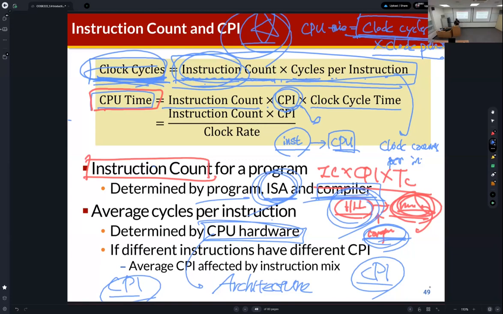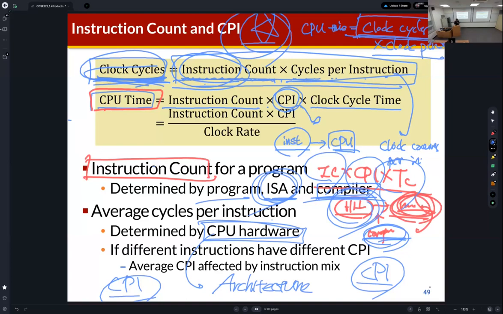Then using these different terms, we can define which factors need to be improved for improving the performance of a computer system. We can also understand that in order to improve a computer system, the software parts and the hardware parts need to be improved.